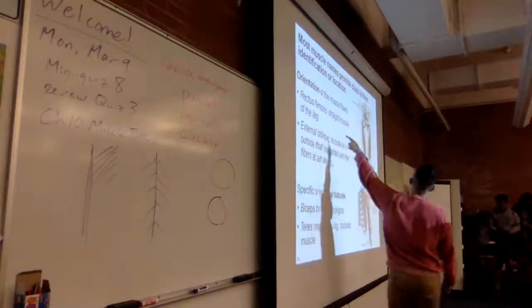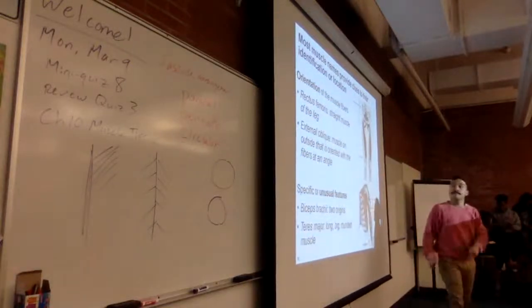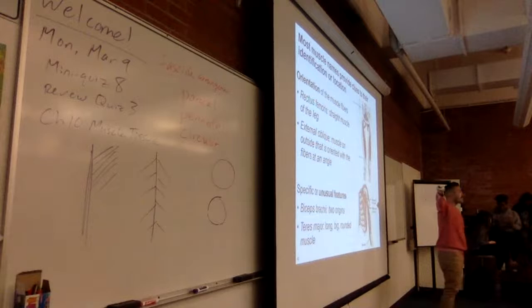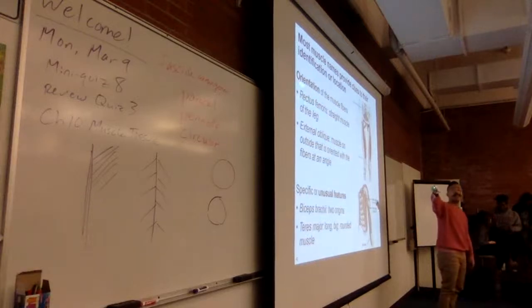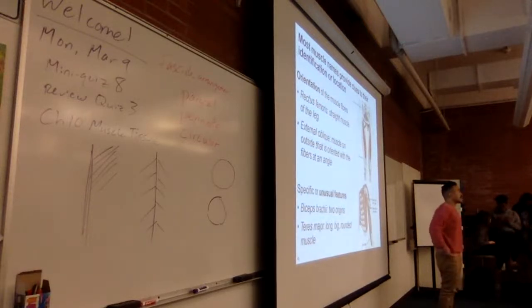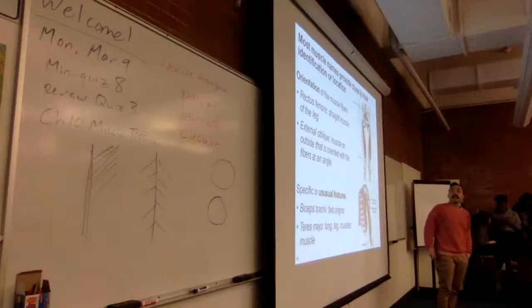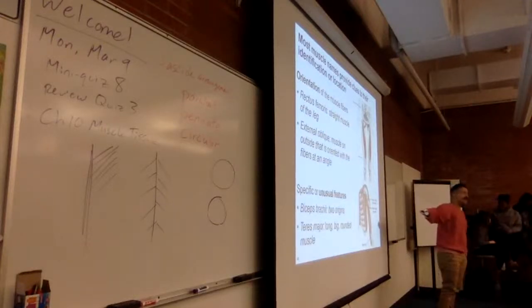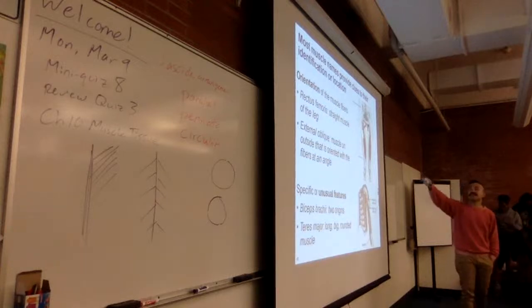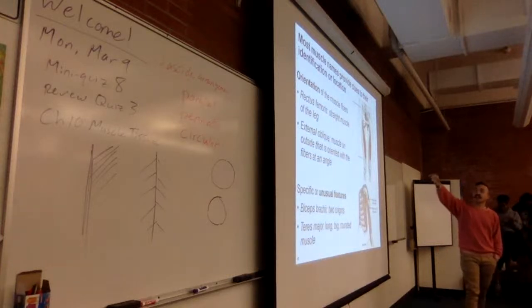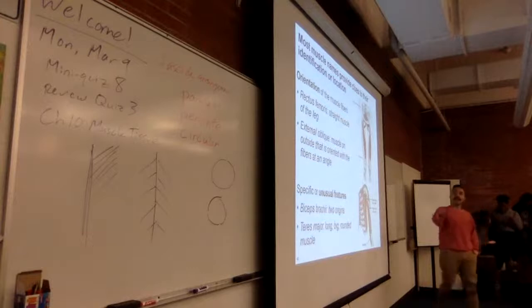Could be named based on its orientation of fibers. The term rectus, you're going to see this come up a lot. Rectus means straight. So it's actually a pennant muscle, but altogether it's straight down the leg. Rectus femoris.